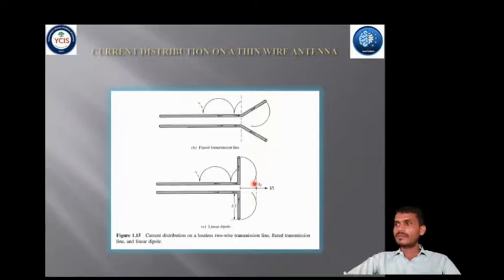If L is less than lambda, the phase of the current standing wave pattern in each arm is the same throughout its length. In addition, it is oriented in the same direction as that of the other arm, and it can be shown in this figure.